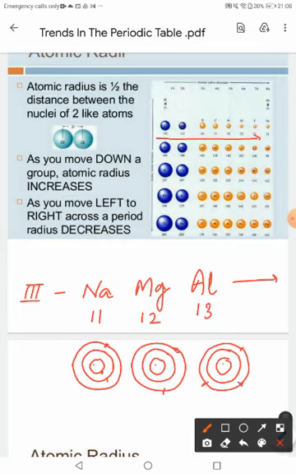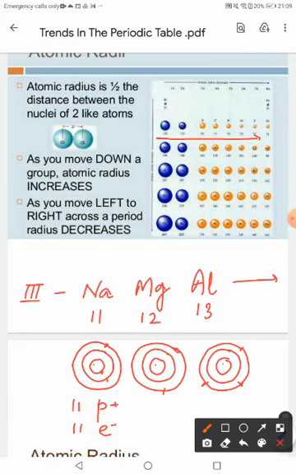Now what happens actually: atomic number 11 means there are 11 protons, and a proton is positively charged. It will have 11 electrons in the shells because the number of protons and electrons in a neutral atom is equal. So 11 protons will hold the 11 electrons with a certain force.